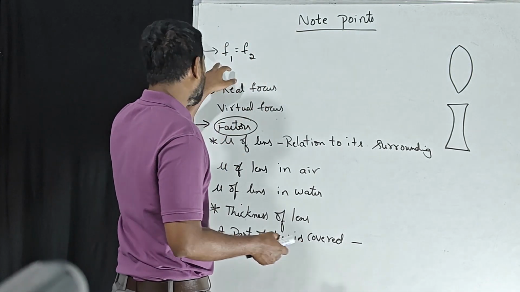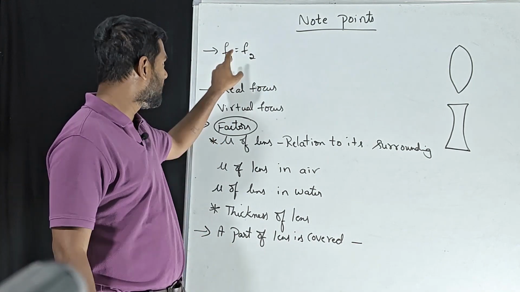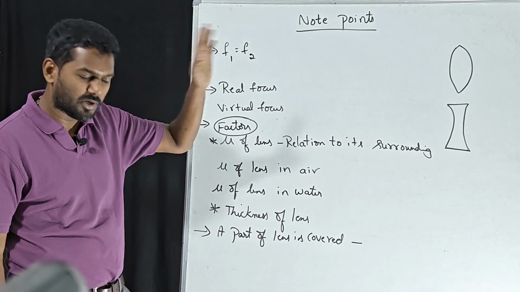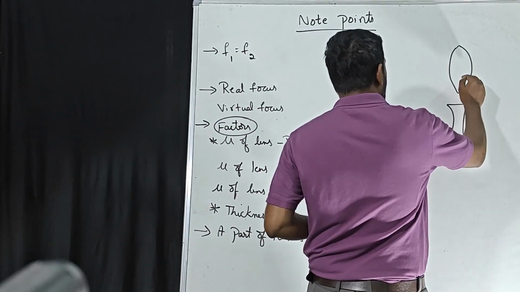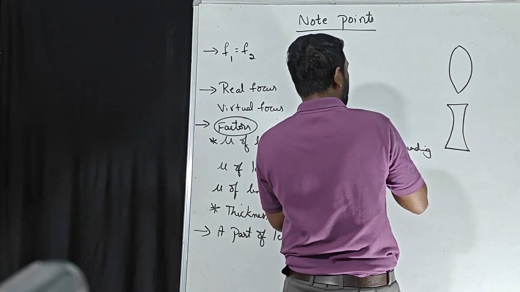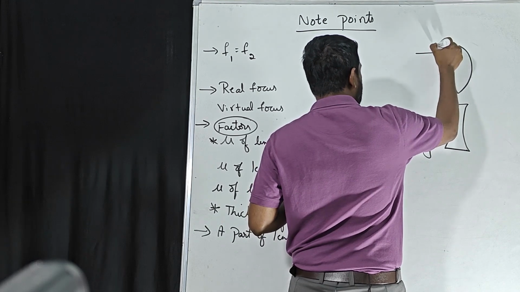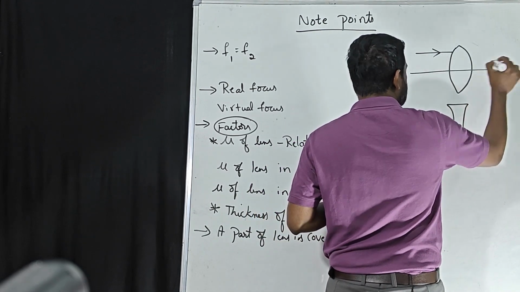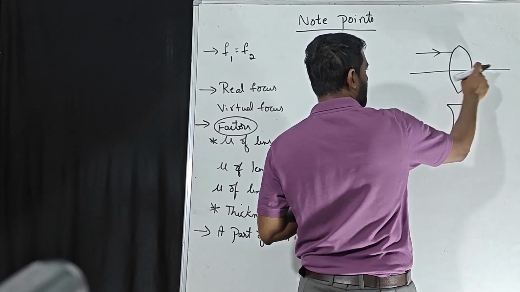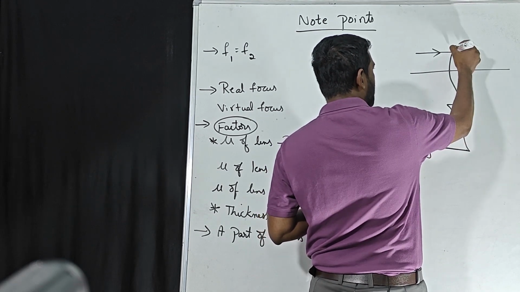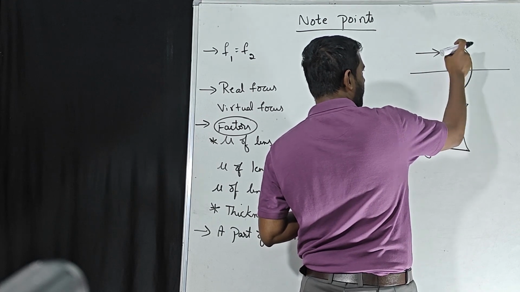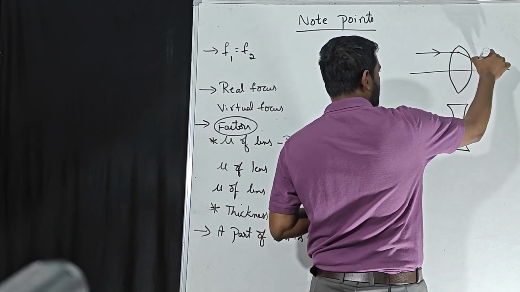Listen, note points. F1 is equal to F2. A simple way to understand this: what is F1, what is F2? Assume if you incident a ray here, the focal length will be here, correct? This is the principal axis. If I incident a ray here, it is going to cross here.